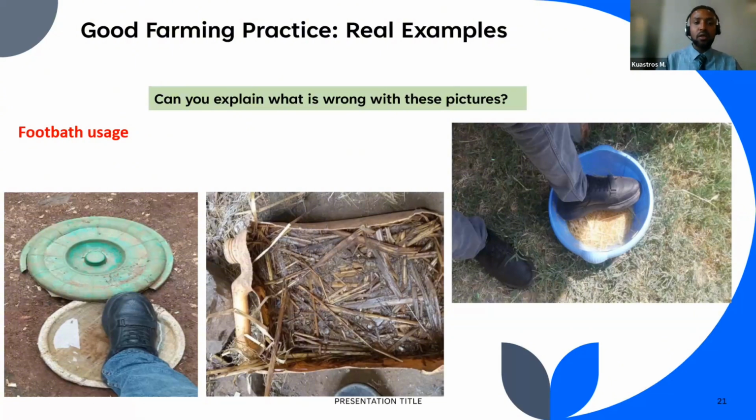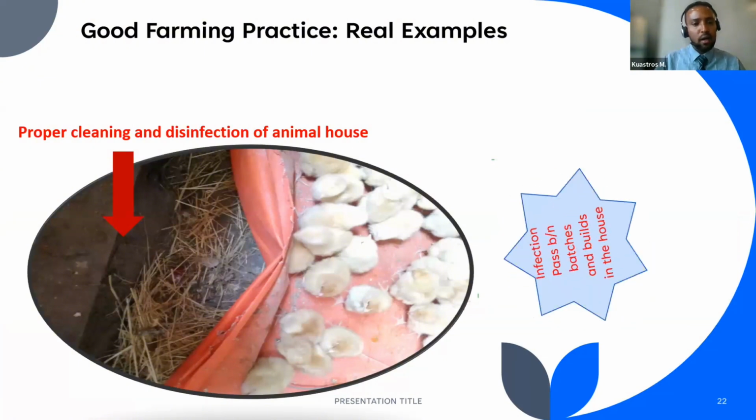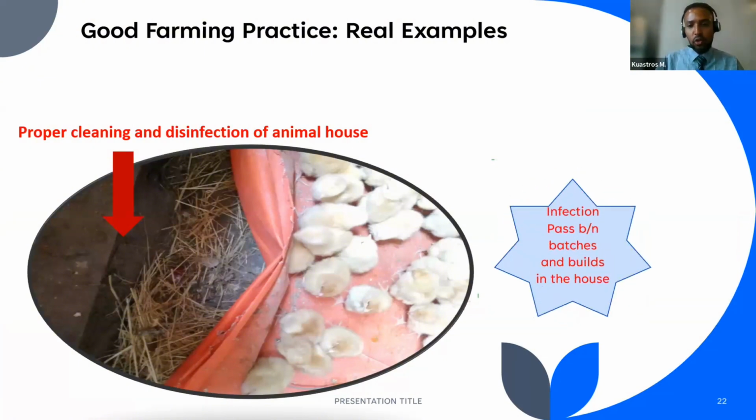So this is the real examples regarding good farming practice. The other picture that I want to show you is also about proper cleaning and disinfection of animal house, particularly in the tailed chick.